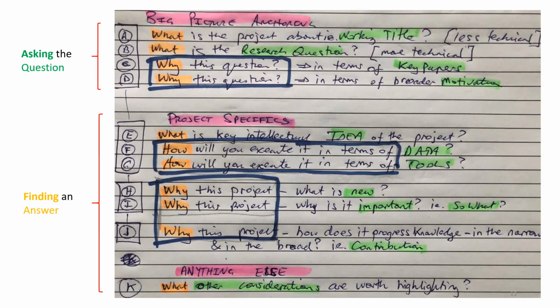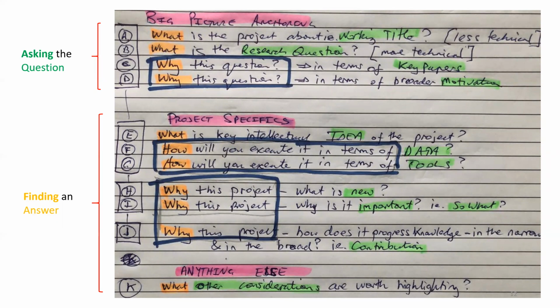Item D takes a broader perspective of why this research question in terms of the motivation. And as I've said, as a package, these first four items are a big picture, hover over the broad area of research, and in a collective or holistic way, they are about asking the question.